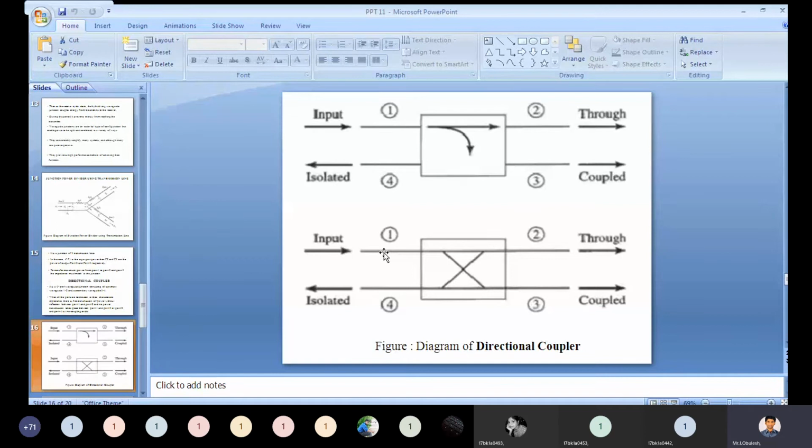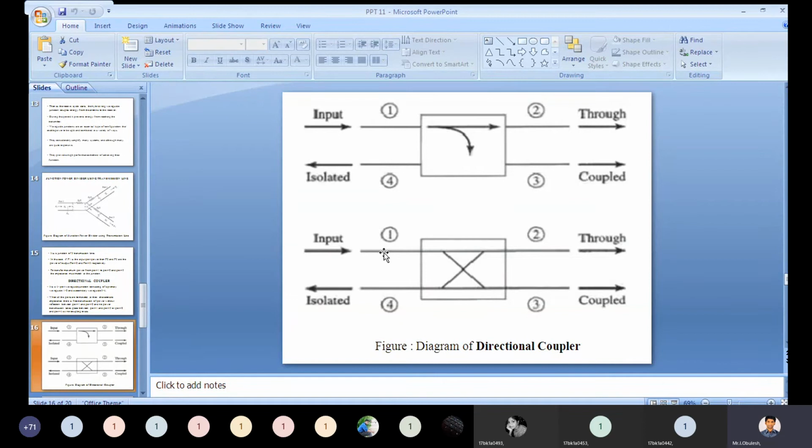The characteristic of a directional coupler is expressed in terms of its coupling factor and directivity.